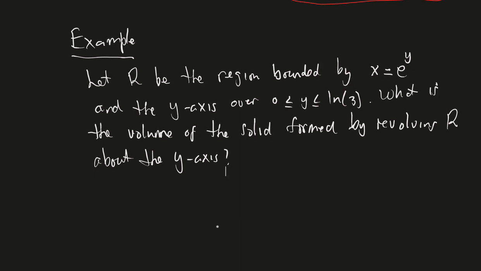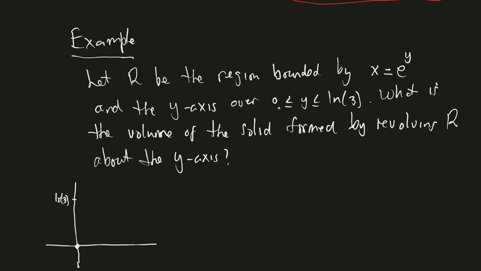Now, in terms of sketching this particular function, it's going to look similar to y equals e to the x, but it's like you have the x and y axes switched, right? So it would look something like this. So y equals 0 is right there, y equals the natural log of 3 is right there.